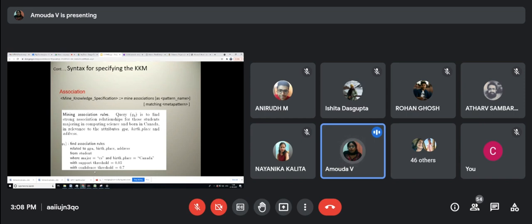The whole transaction, if you take that, you will see that the computer is purchased with the antivirus software along with other items also. So suppose in transaction 1, Amuda is buying antivirus software, computer, and then some printer, some bread, some tools, some other things also.